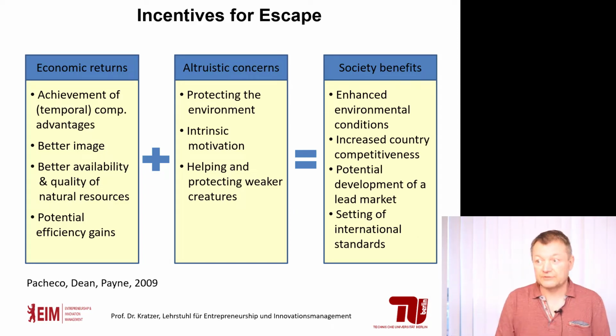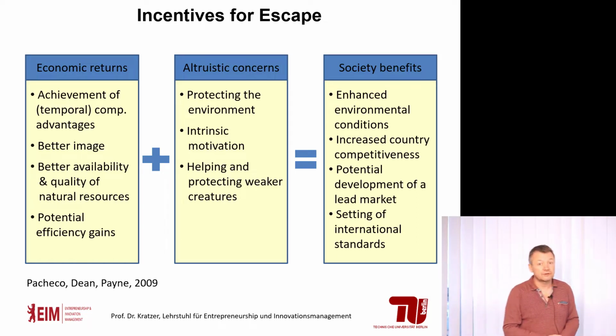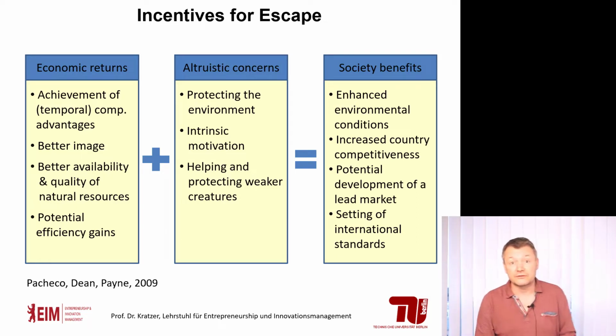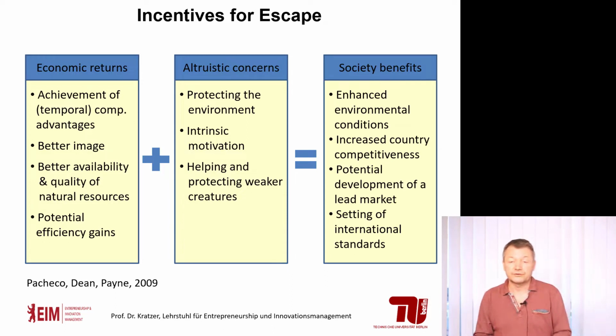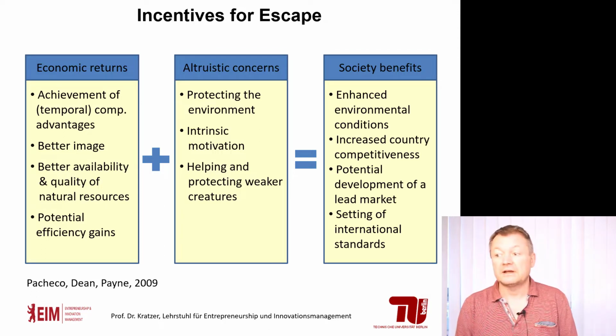There are a lot of altruistic concerns, of course. There are altruistic goals. Many people, many enterprises, many politicians, actually the majority, want to improve the situation and strive towards sustainable development goals. But how can that be achieved?